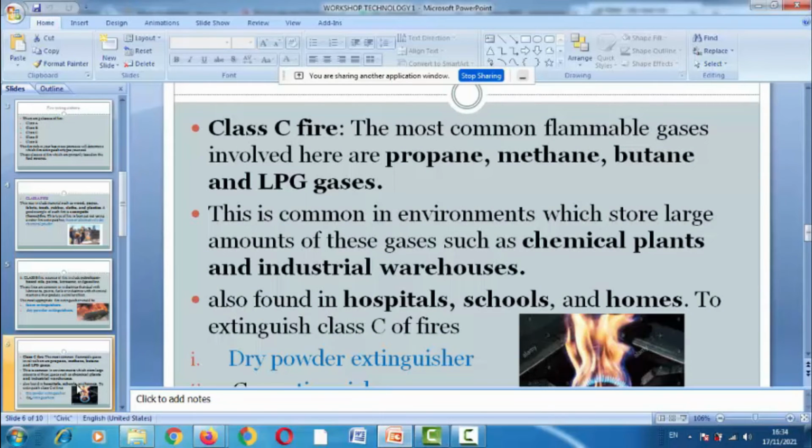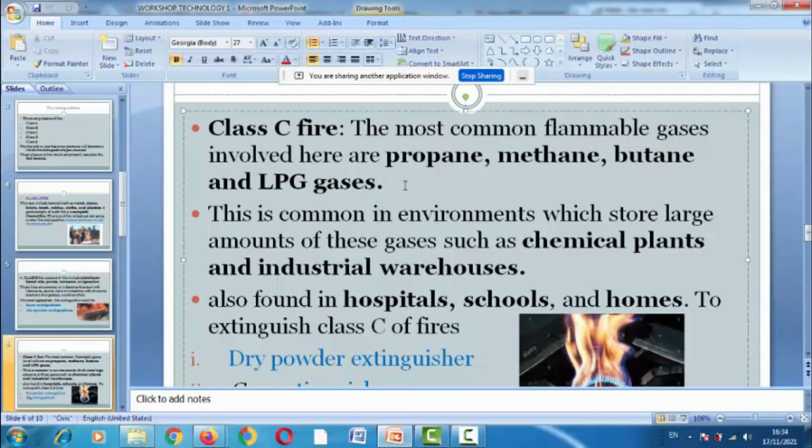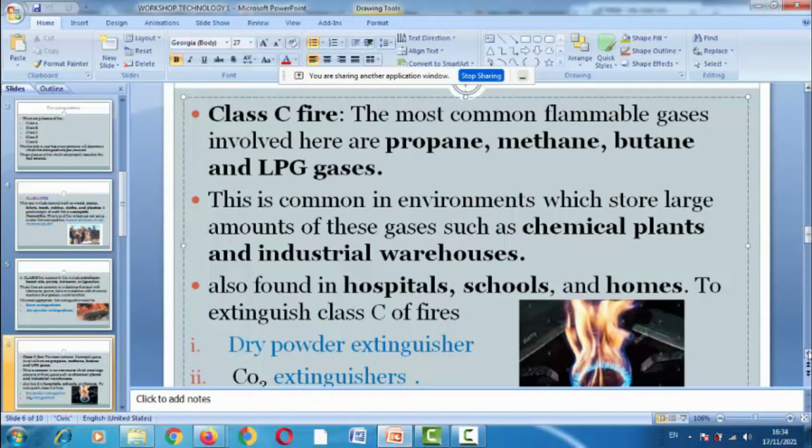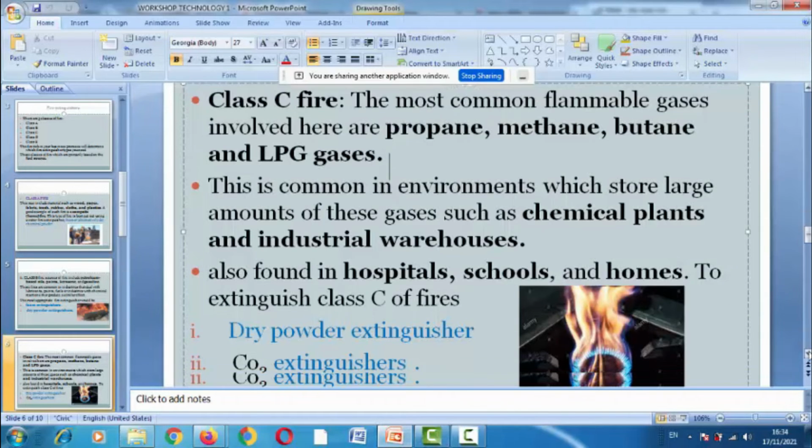Then number 3, we have class C fire. After petrol, we have another very risky source of fire: the LPG gases. You remember the gas that you used to cook with at home. This is propane, methane, butane. That is the LPG gases, classified as class C fire.